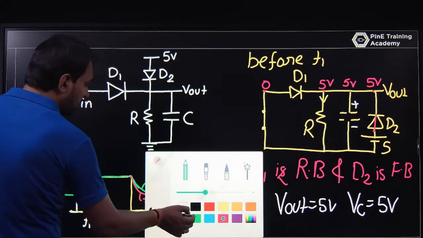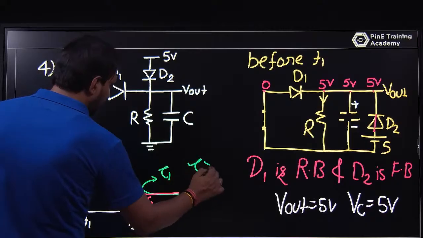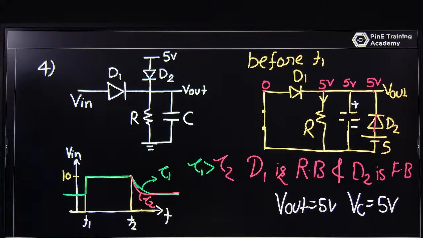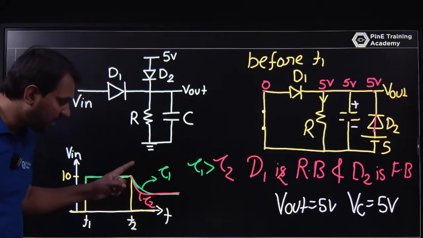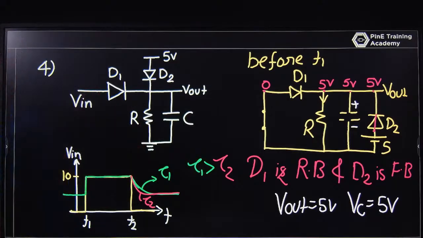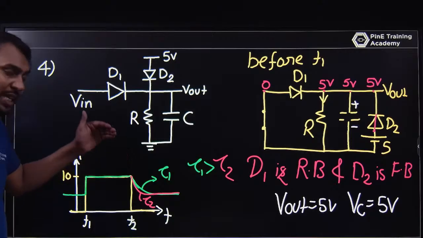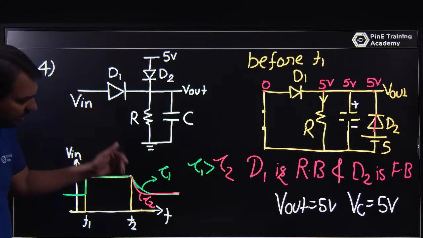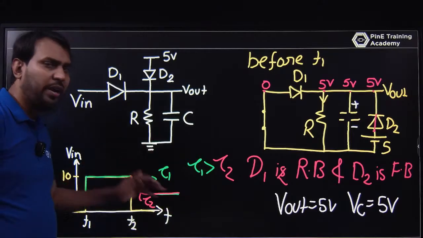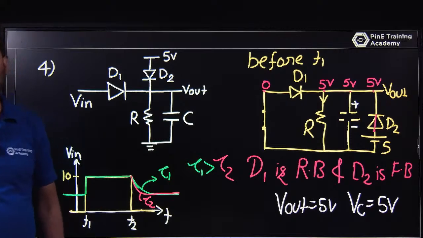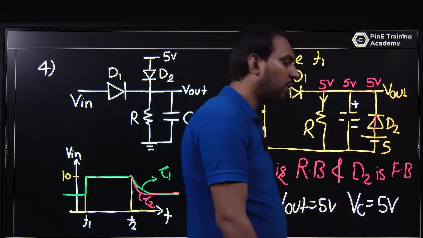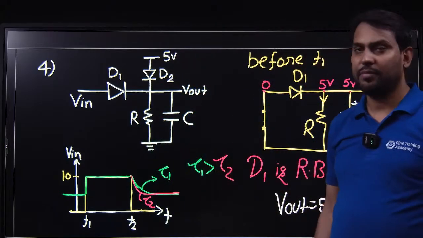So of course tau 1 is greater than tau 2. If your time constant is high, the capacitor will take a large time for discharging. If RC is small, the capacitor will discharge fast, and it will never discharge to 0. It can discharge till 5 volt or X volt as per your circuit design.